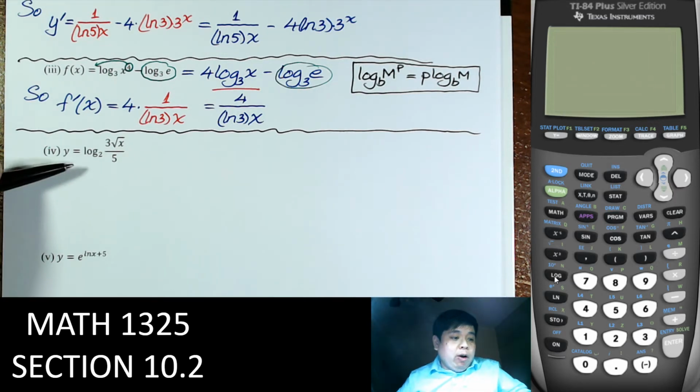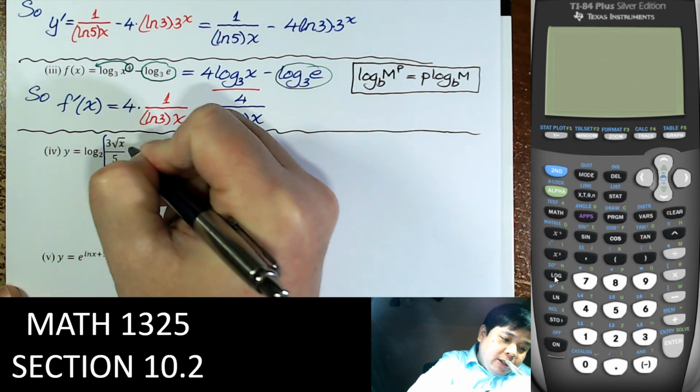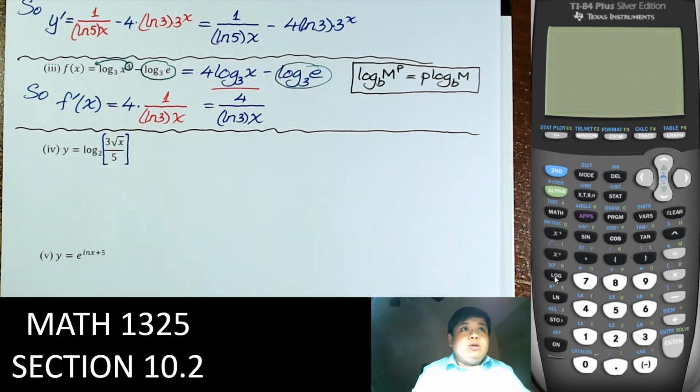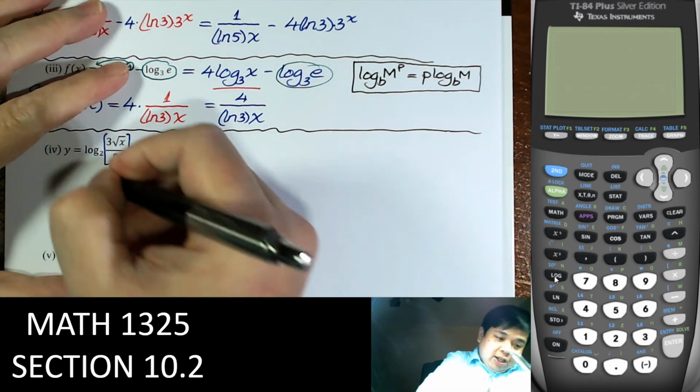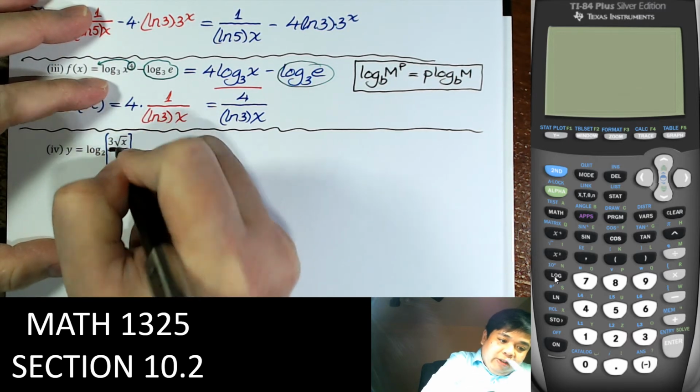Right. Here we have log base 2, and it is for the whole term like this. Right. So we need to break it down. If it's just x, then we can do that. Well, first, this is divide, so there will be a difference.